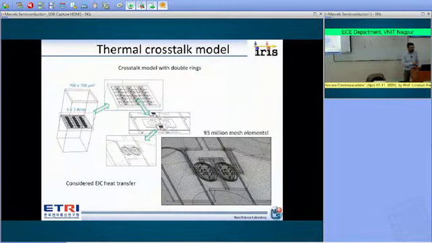Then there is another practical point of view: the thermal crosstalk. Let us assume that we have many of those microring resonators, and we want to hit one of them to move its spectral position. The question is, is the heating of that specific microring resonator affecting the others or not?